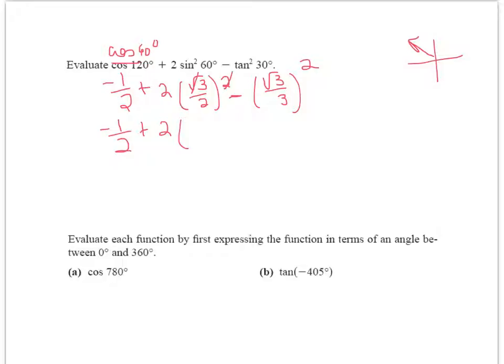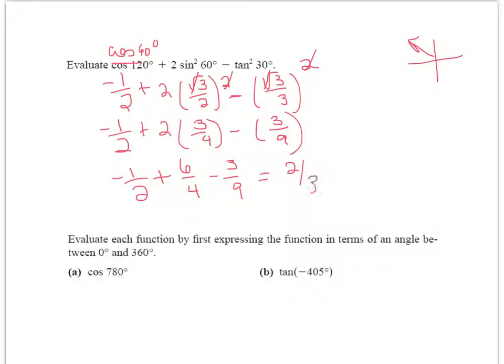That gives me 2 times 3 over 4 minus 3 over 9. So now we get negative 1/2 plus 6 over 4 minus 3 over 9. And if you punch all that into your calculator, you're going to wind up with 2/3, or you can do it all by hand and get like denominators. But the final answer is 2/3.